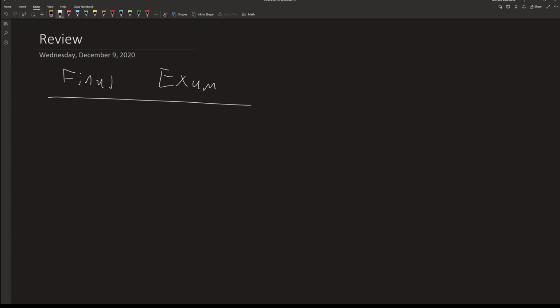So here will be the topics that will be on the final exam. There's a bunch of them, but most of them I feel should be pretty straightforward. So we have metric unit conversions. We are going to have accuracy and precision.